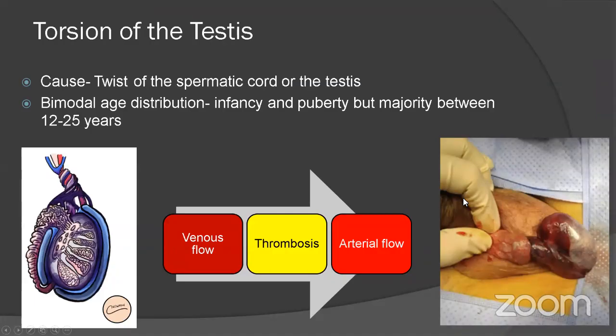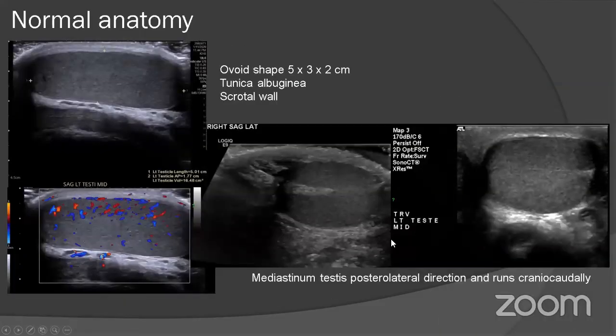So torsion has a bimodal age distribution, infancy and puberty, the majority of them, but you also see it between 12 to 25 years of age, and it is caused by the twist, resulting in venous outflow obstruction followed by thrombosis and subsequent compromise of the arterial inflow, resulting in torsion and ischemia and infarction.